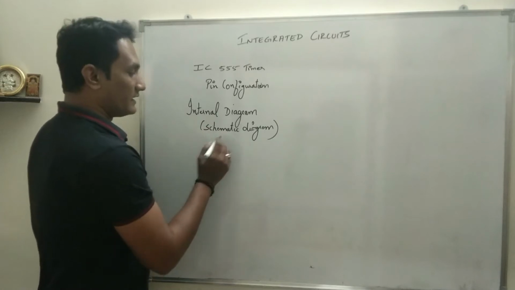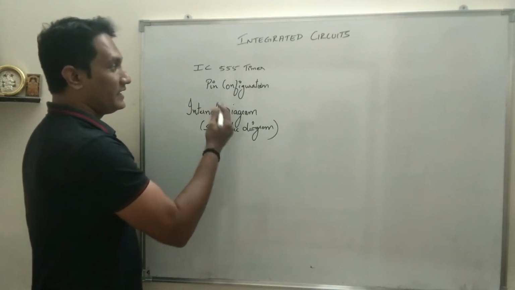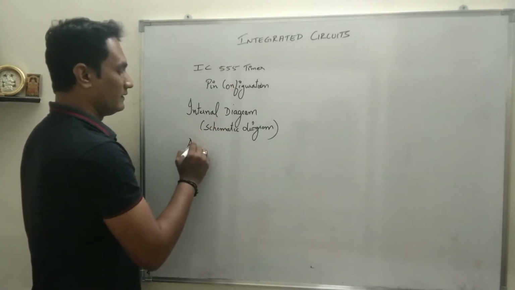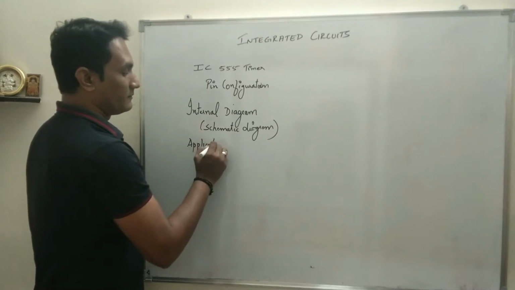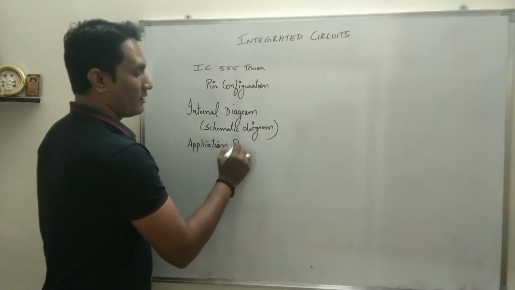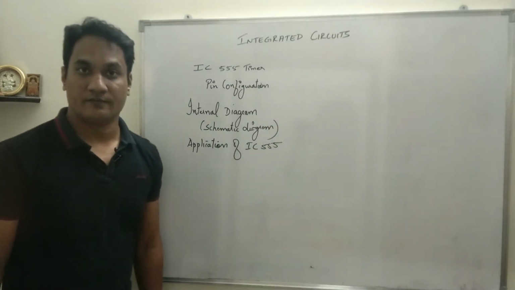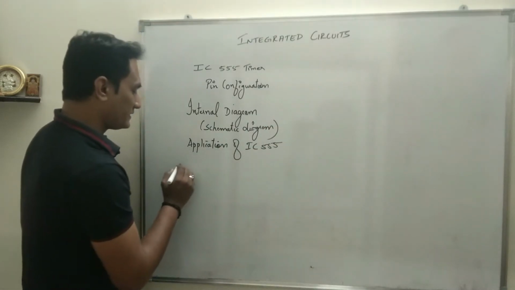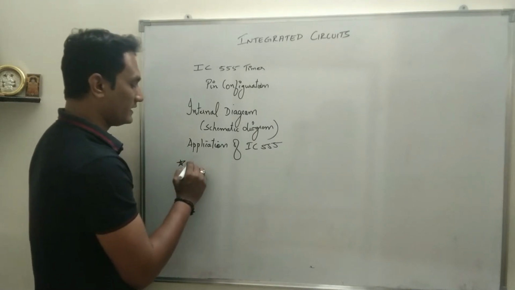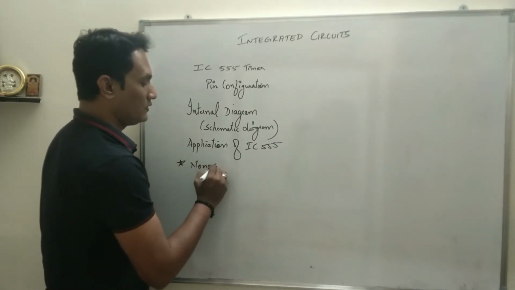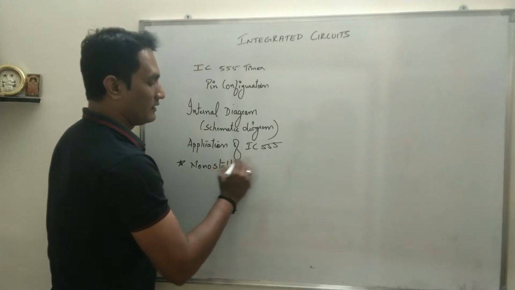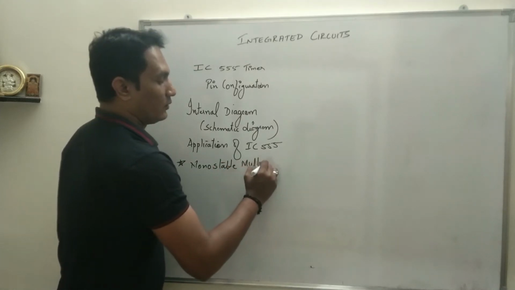So that is the internal diagram, that is the schematic diagram, and then applications of IC 555 timer. The first application which we will try to understand is monostable multivibrator.